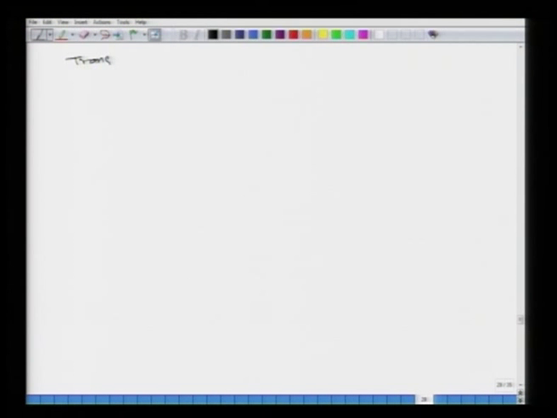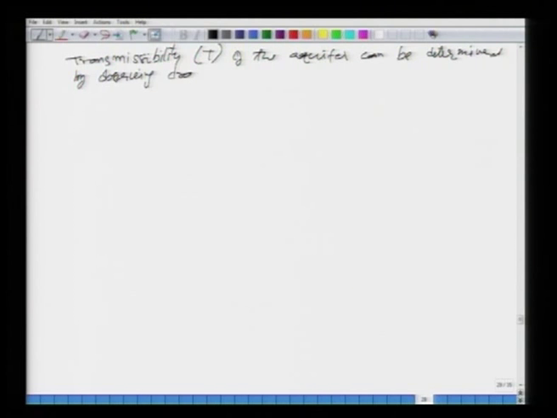So, transmissibility T of the aquifer can be determined by observing the drawdowns, let us say S1 and S2.